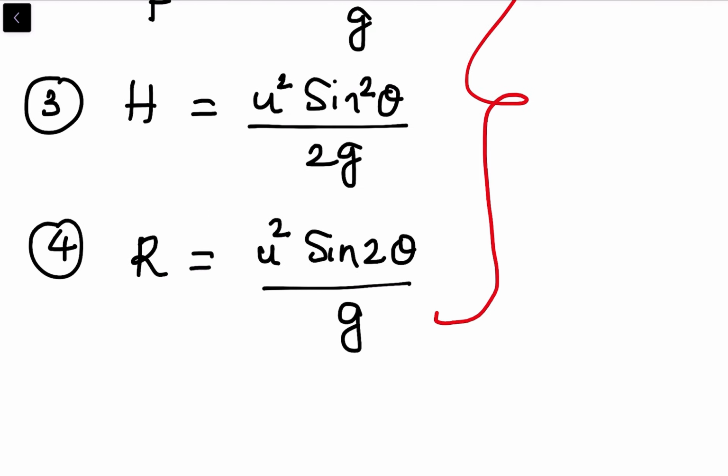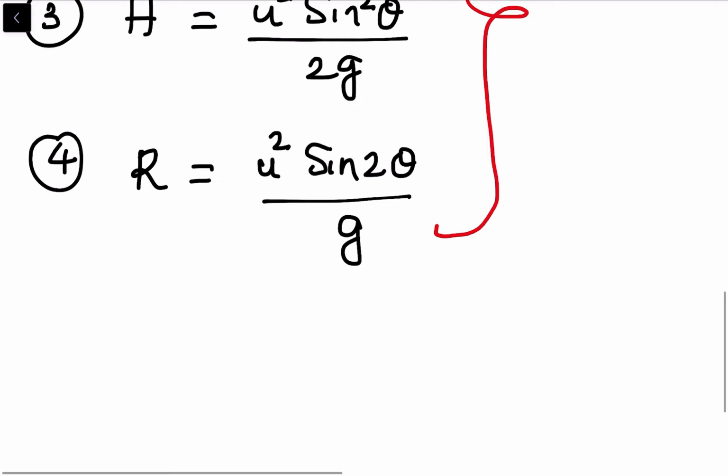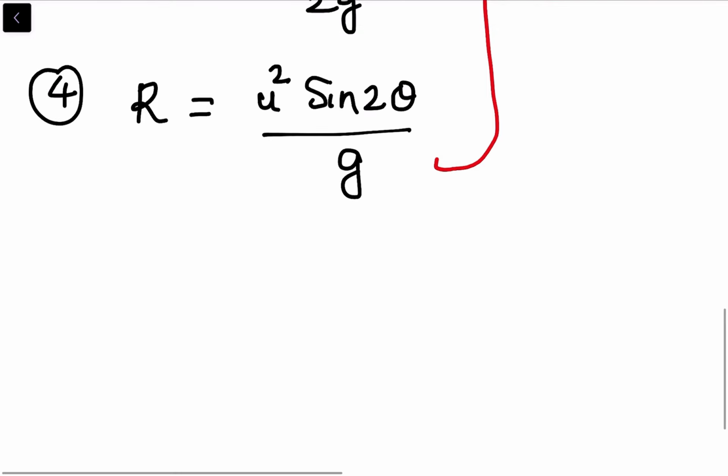So height is u square sine square theta by 2g, and horizontal range is u square sine 2 theta by g. Equate both of them, you will get the answer, a simple answer. Let's equate them. Because they have said R is equal to H, let's take the formula for the range.